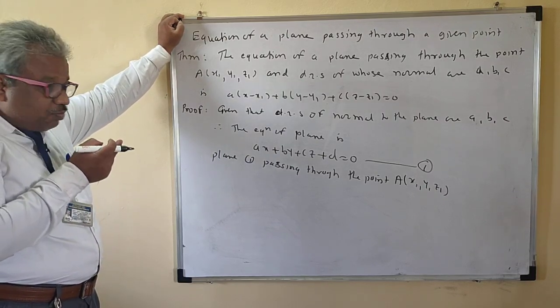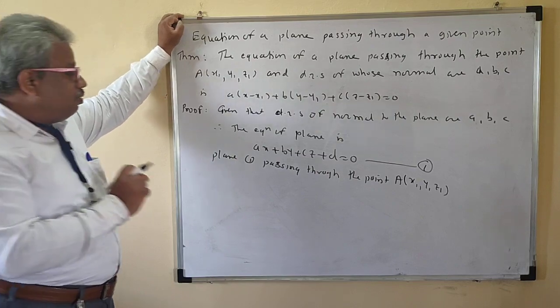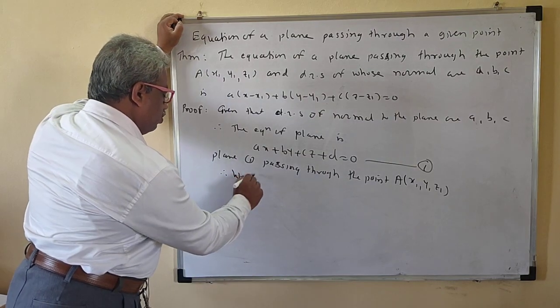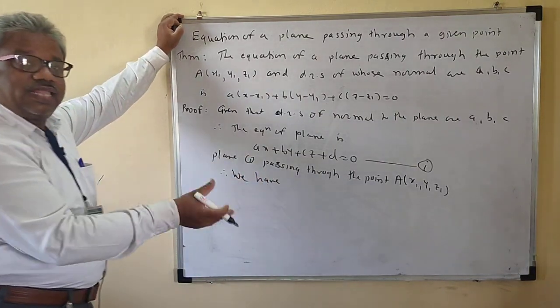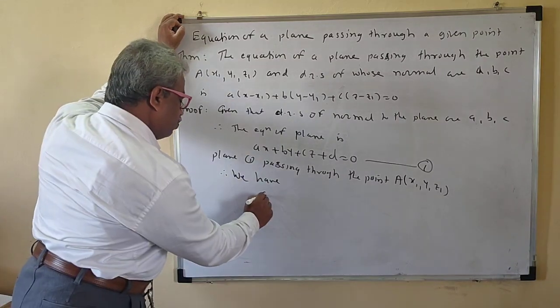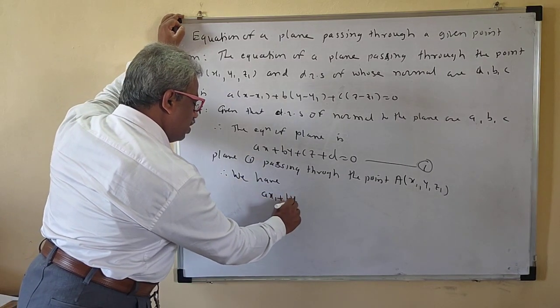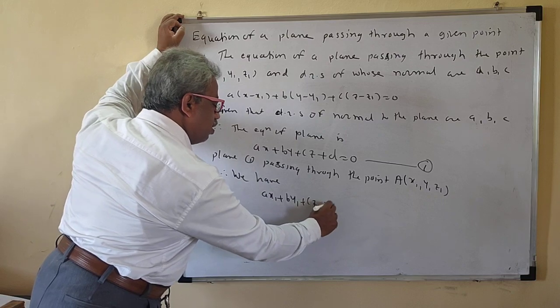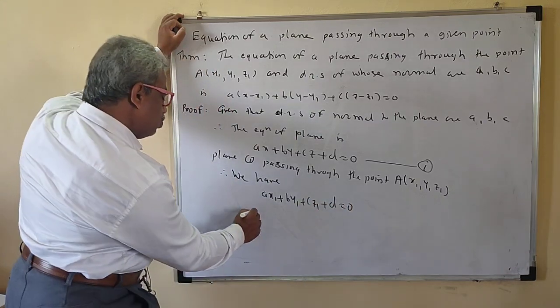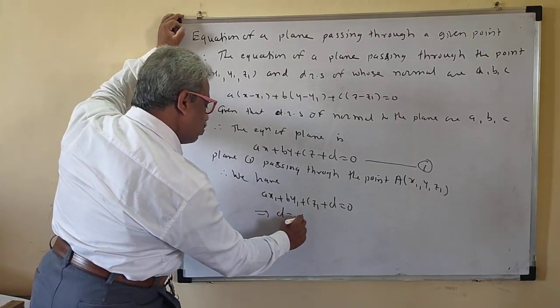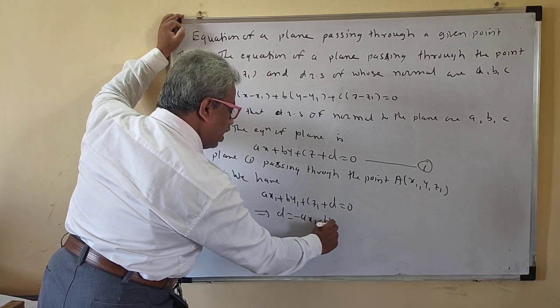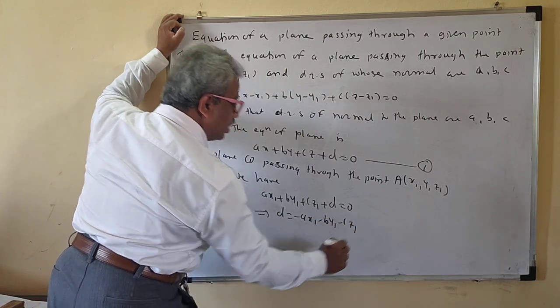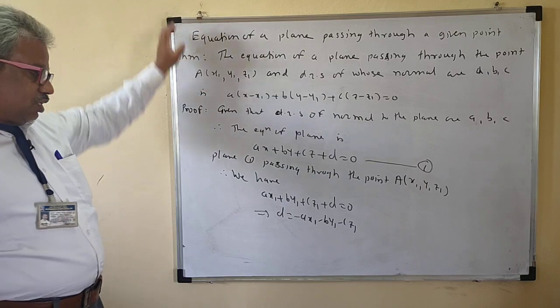That means this point satisfies the equation of the plane. So ax1 plus by1 plus cz1 plus d is equal to 0, which implies that d is equal to minus ax1 minus by1 minus cz1. So this is the value of d.